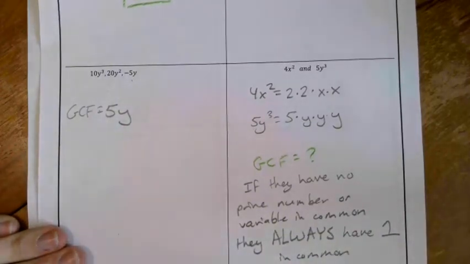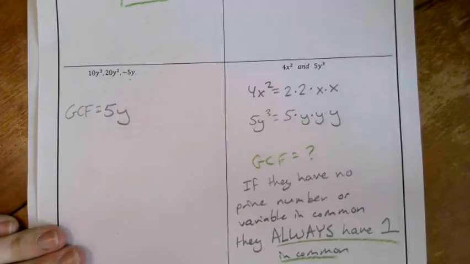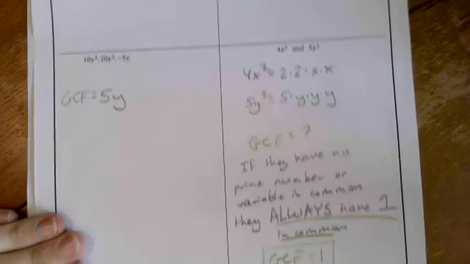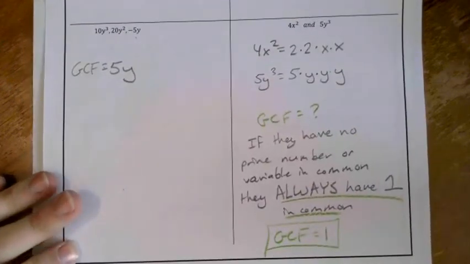So what's their greatest common factor in this case? Their greatest common factor is 1. All right, their greatest common factor is 1. Sorry, that was off the screen again.